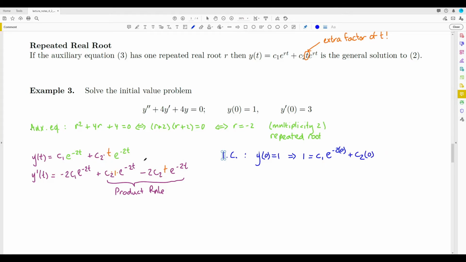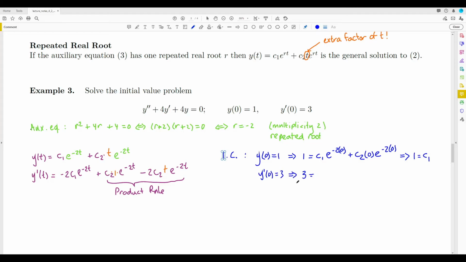That is our t here. And then e to the power negative 2 times 0. And this second term completely disappears. This is just c1. And so we get c1 basically for free here without having to solve a system of equations.